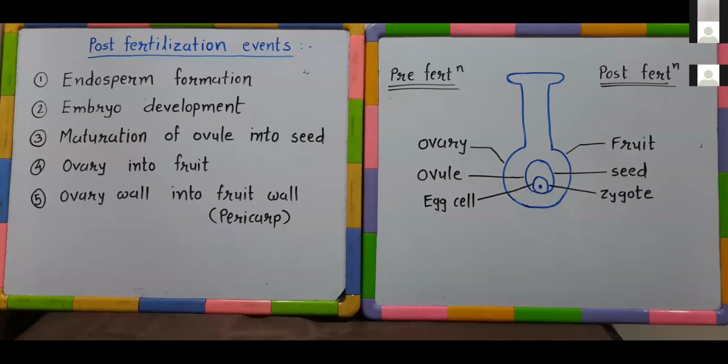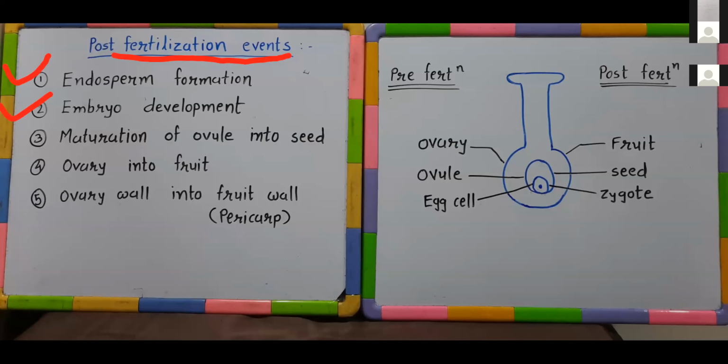So this was about fertilization. Naturally, fertilization is to be followed by post-fertilization events, which involve the primary endosperm cell developing into endosperm tissue. That zygote needs to develop into an embryo.